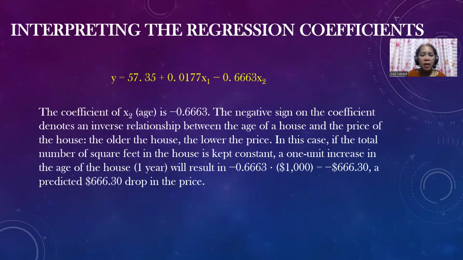So in this case, if the total number of square feet in the house is kept constant, a 1 unit increase in the age of the house will result in negative 0.6663 times $1,000, that is equal to negative $666.30, a predicted $666.30 drop in the price.